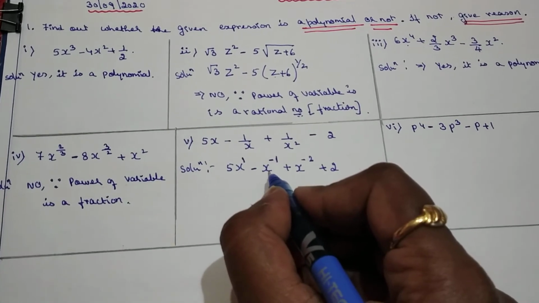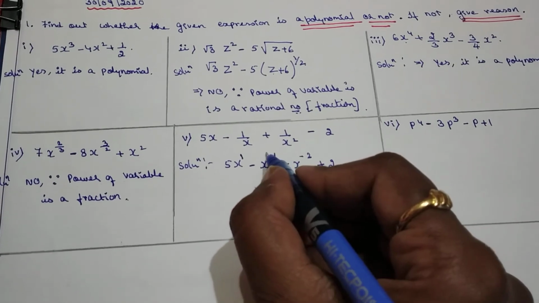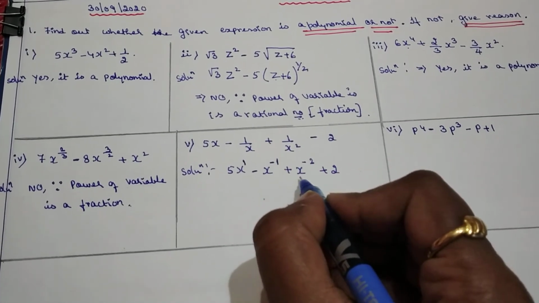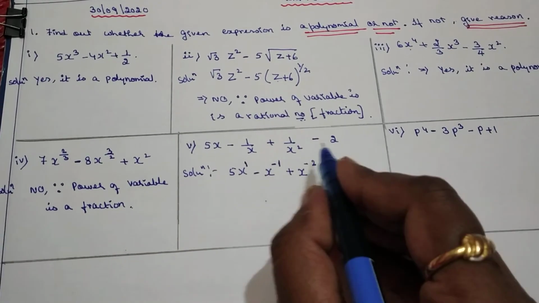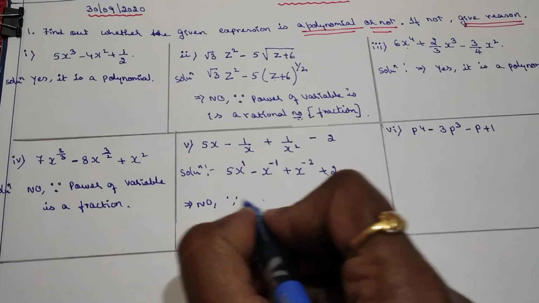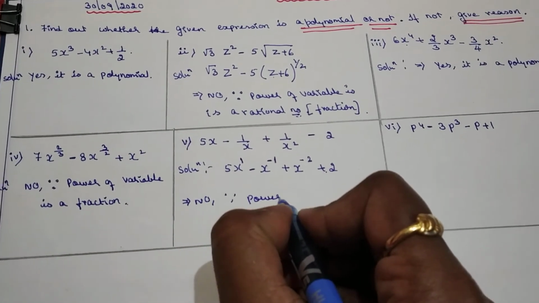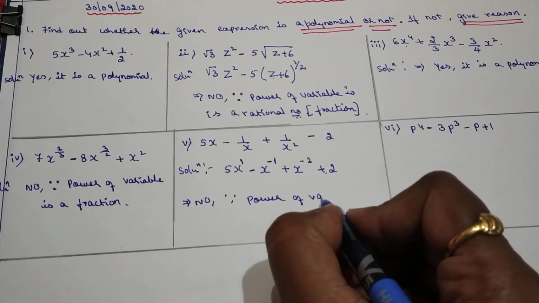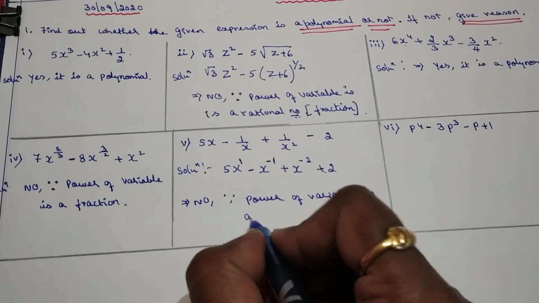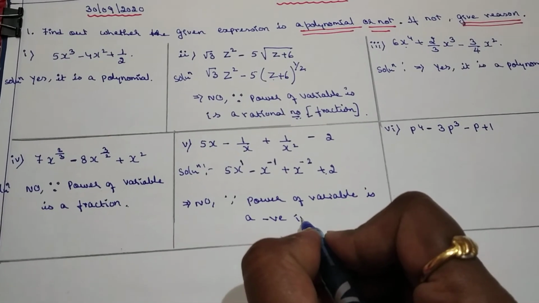Okay, the power of variable is minus 1. So this is in negative. It's not a non-negative integer. Therefore, this expression is not a polynomial. No, because power of variable is a negative integer.